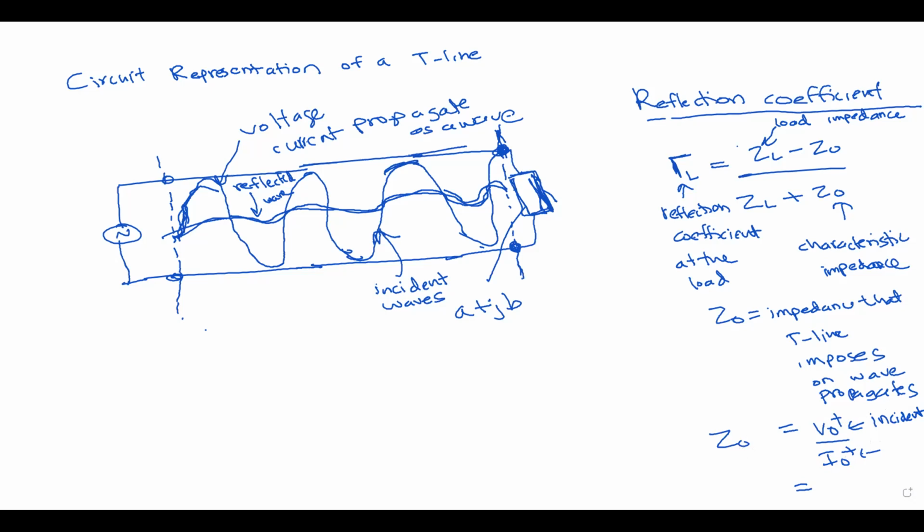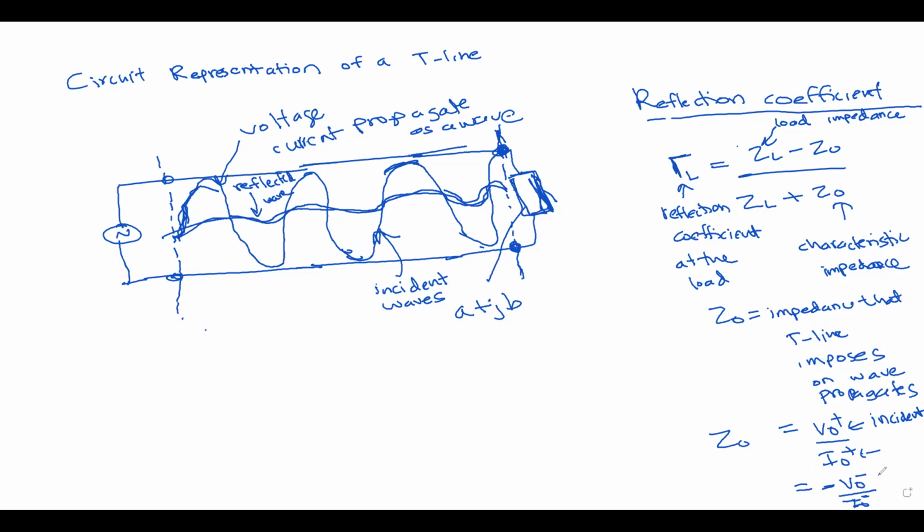Another way is by taking the ratio between the reflected wave's voltage amplitude and the reflected wave's current. The reflected waves are given with a minus sign in front, and that minus sign is only denoting that the wave is moving in the reflected direction.